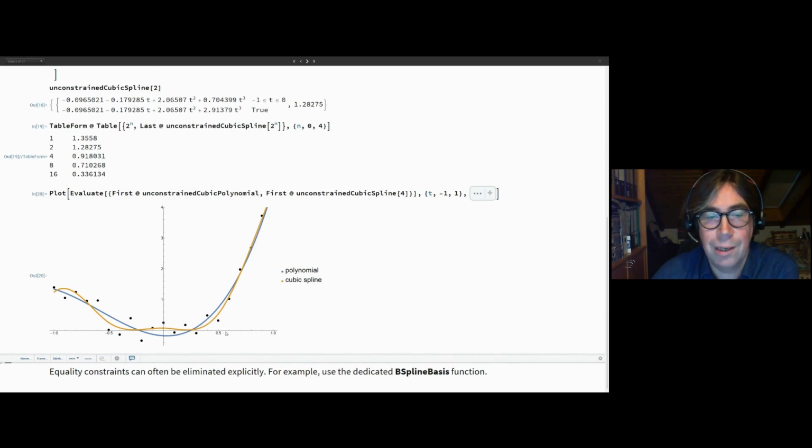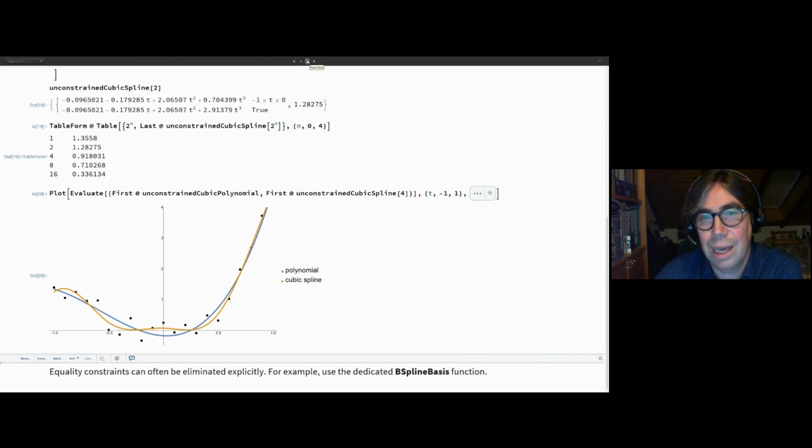And another thing which I really want to change is I don't want that wiggly curve here. So this is closer to the data, but I don't want the curvature sign to change from right to left again.